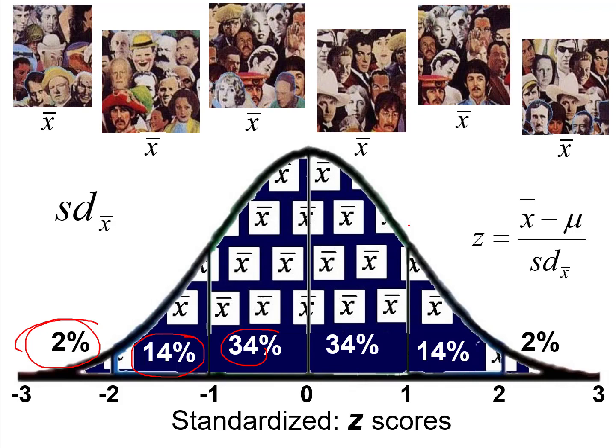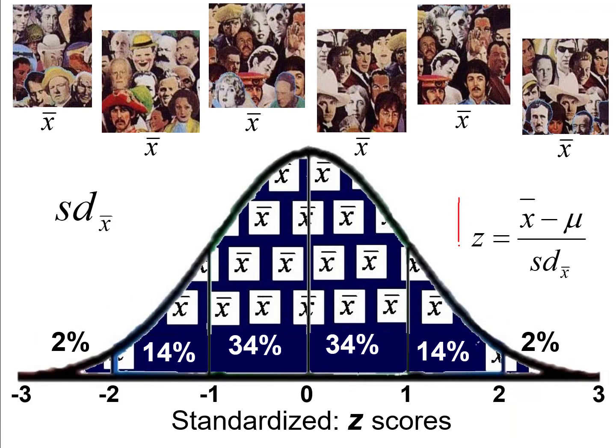So we've memorized that, for example, if you have a point 1 standard deviation above the mean on a normal distribution, 16% of the cases fall above that point and 84% fall below that point. Or if you have a point here that is 2 standard deviations above the mean, we know that 2% of the cases will be above that point and 98% of the cases will be below that point.